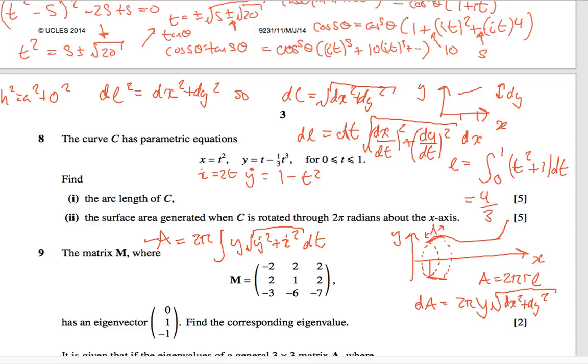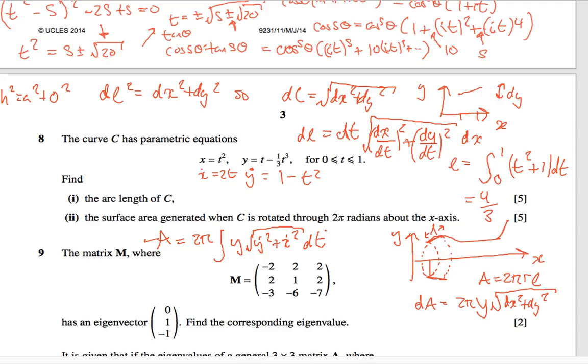Just by multiplying by dt over dt, we get a dt in here. We bring a dt inside the square root, it becomes dt squared, so that's how we get the x dot squareds and y dot squareds. So we can just plug in everything we need.